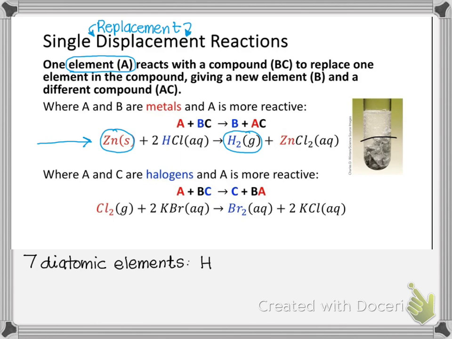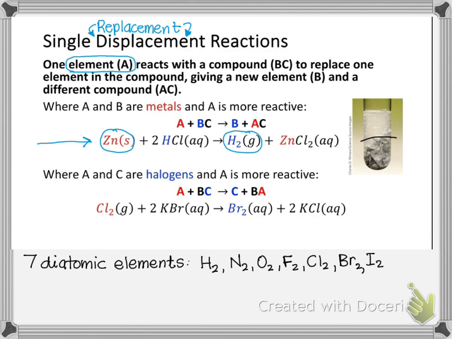We have hydrogen, nitrogen, oxygen, fluorine, chlorine, bromine, and iodine. So when we are writing chemical equations and hydrogen is one of the products, we won't just write H. We will write H2 because it's one of the 7 diatomics.